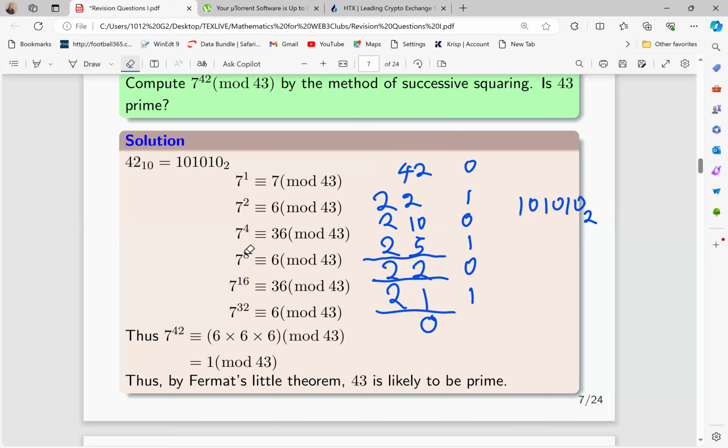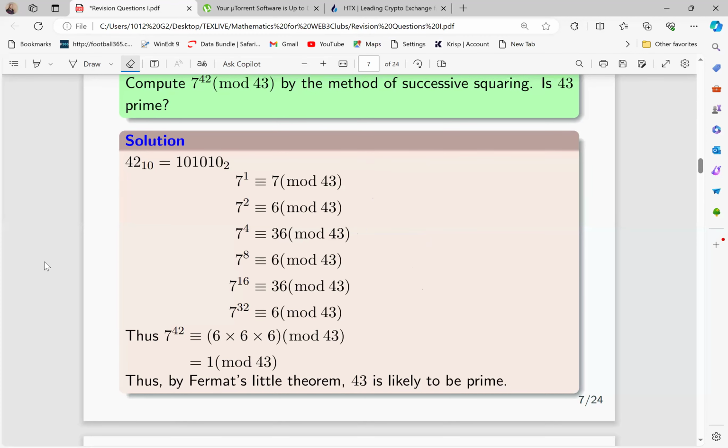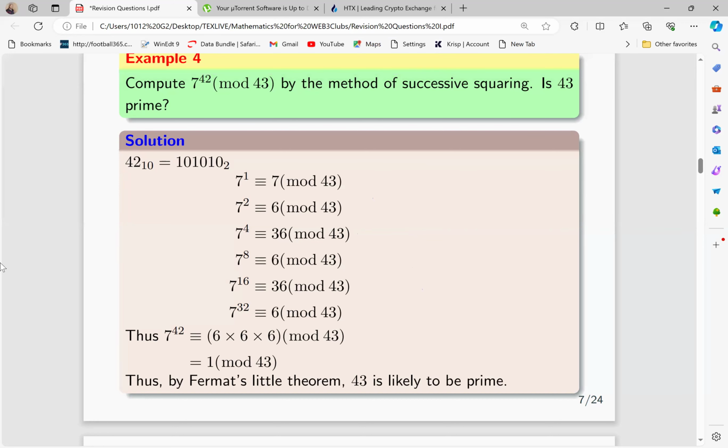Okay, so since it's successive squaring, first of all, let's count how many digits are in the binary number: 1, 2, 3, 4, 5, 6.